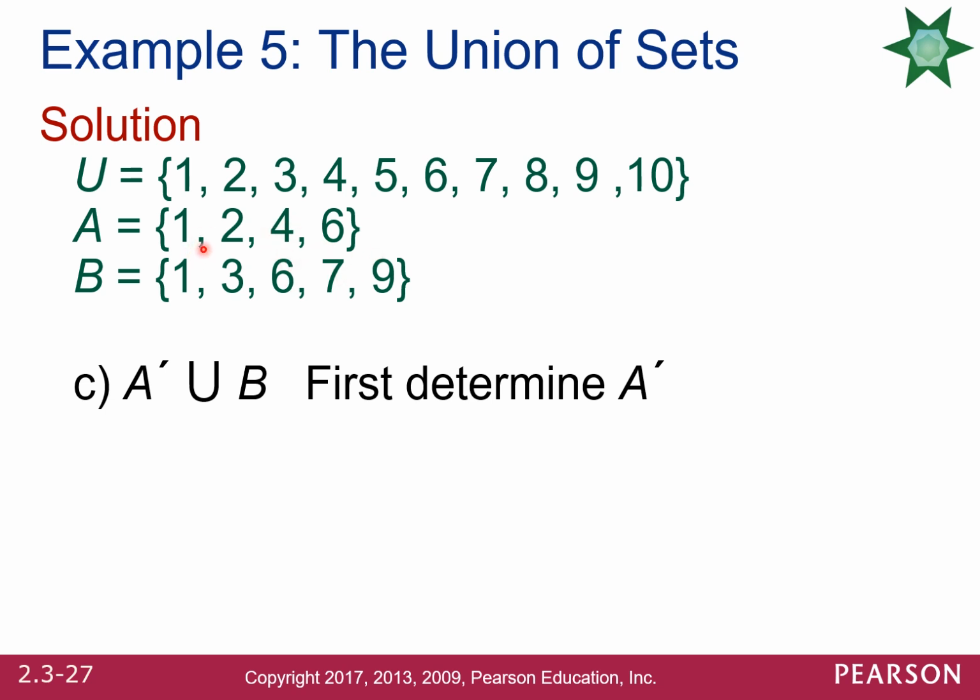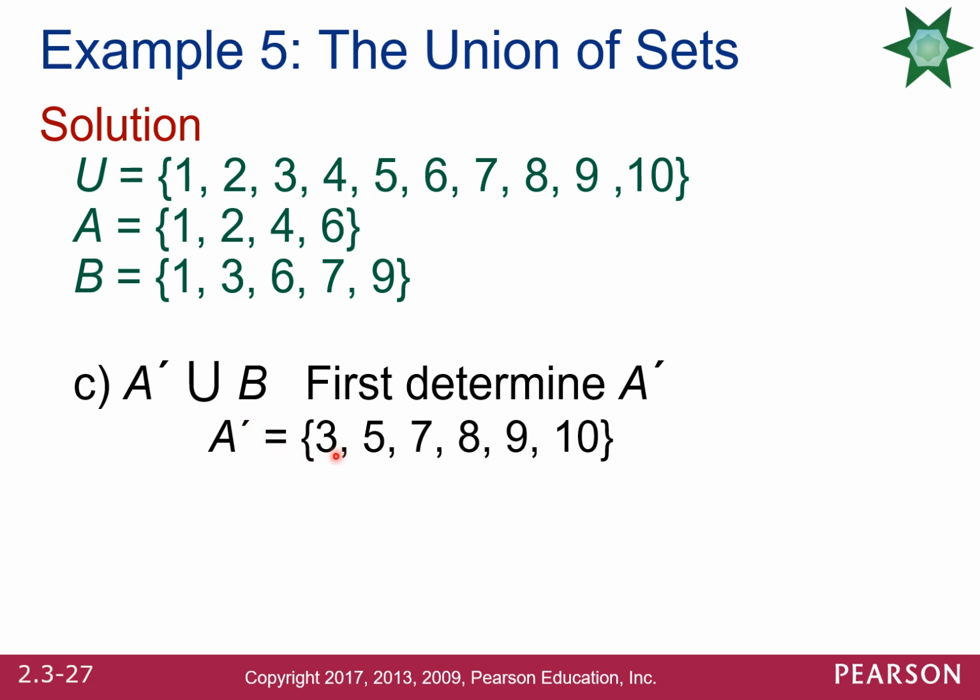So let's see what values they came up with under A not, or A complement. Here are the values for A complement: 3, 5, 7, 8, 9, 10. We have to make sure that the elements in A are not included in A naught. So 1, 2, 4, and 6, none of them occur here. So 3, 5, 7, 8, 9, and 10 are in the set of A naught.